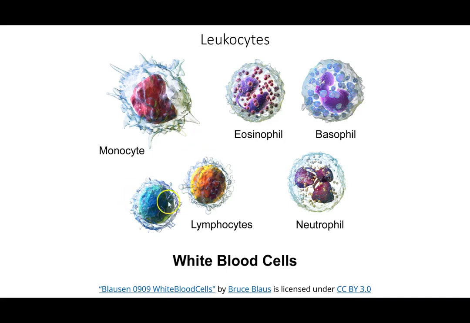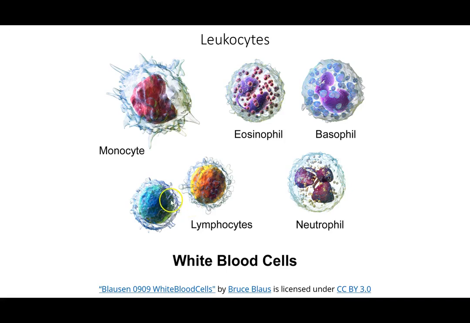So these are the ones that are remembering what an influenza virus looks like, what an E. coli bacteria looks like. These are the ones that are having that memory and really, really specific directed responses to different pathogens. The size of these can be really variable, so they can be really big or a little bit smaller.